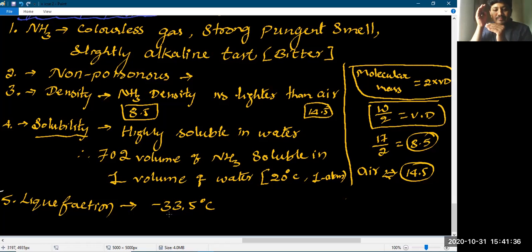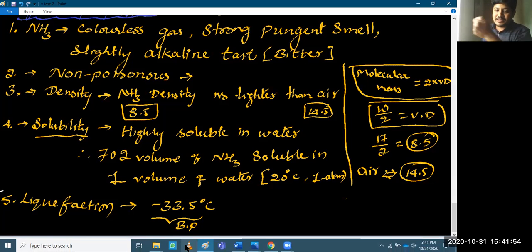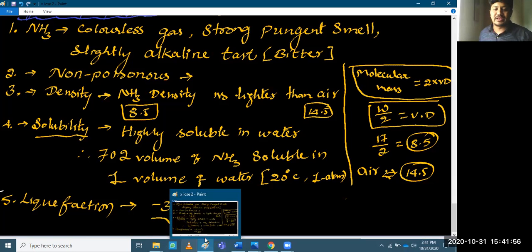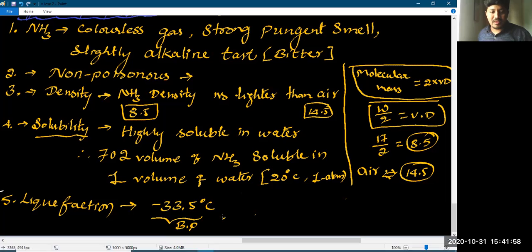When you bring the temperature of ammonia gas below minus 33.5 degrees centigrade, which is the boiling point of ammonia gas, if the temperature falls below the boiling point of a gas, that gas is converted into a liquid. So at around minus 33.5 degrees centigrade, we can easily liquefy the gas into liquid ammonia.